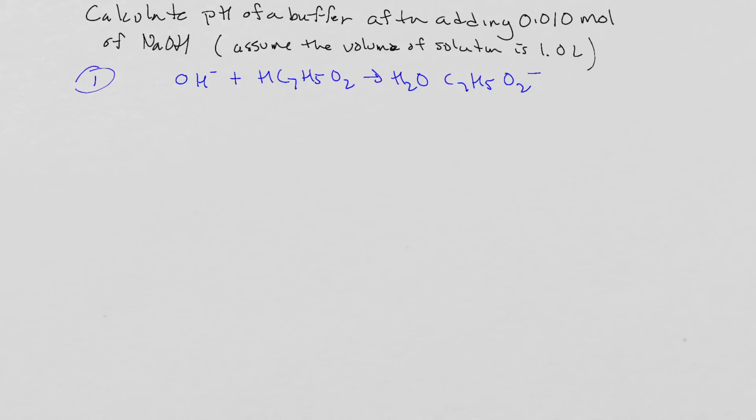Now, before the addition, we had no hydroxide. We had an initial concentration of our acid of 0.05 and an initial concentration of our conjugate base of 0.15.